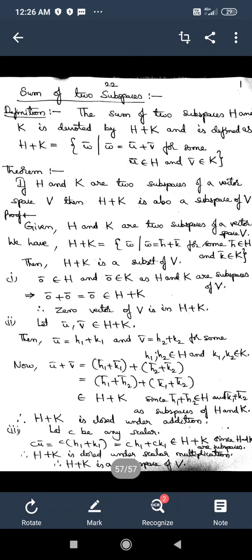Let us see what that theorem is. What is the statement of that theorem? If H and K are two subspaces of a vector space V, then H plus K is also a subspace of V.